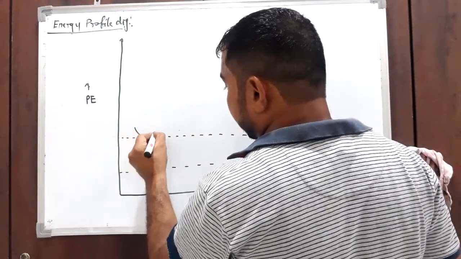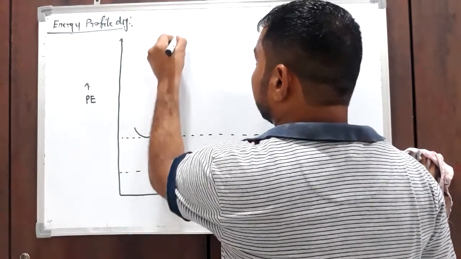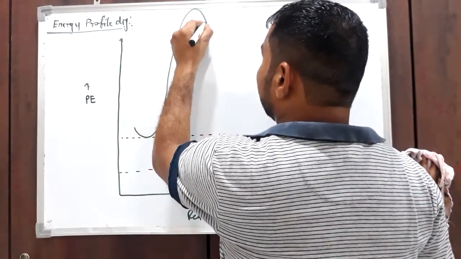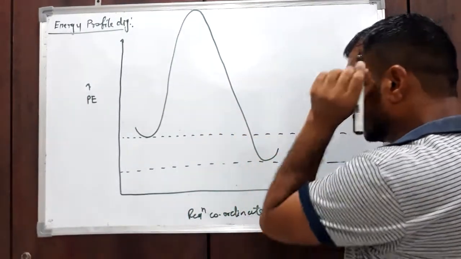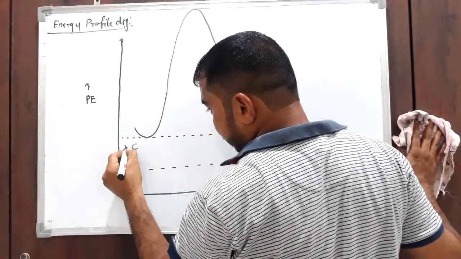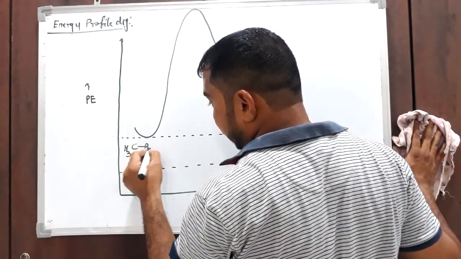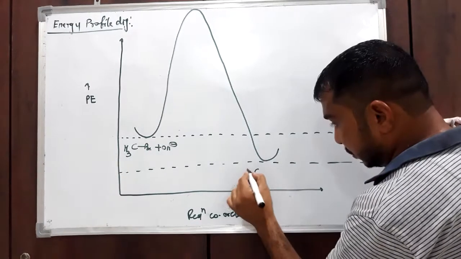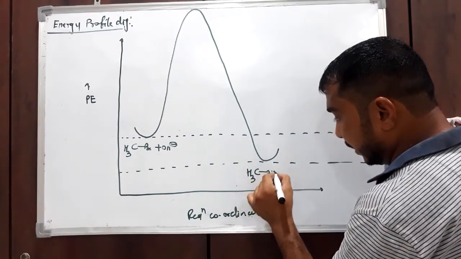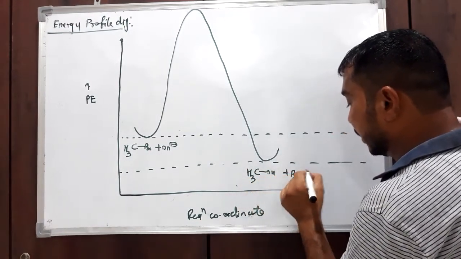Here is the reactant, and here is the product. Reactant is CH3Br plus OH minus ion. Here the product obtained is CH3OH plus Br minus.